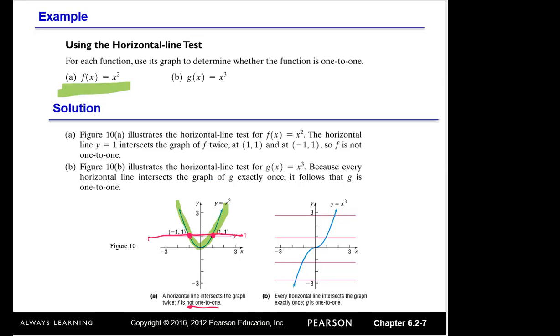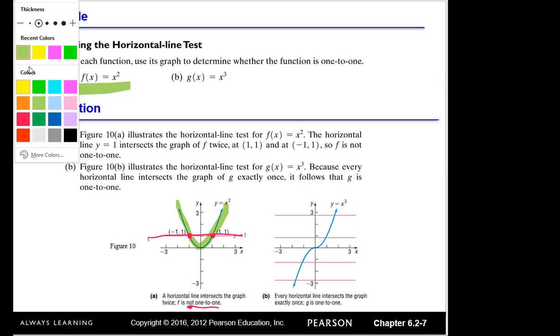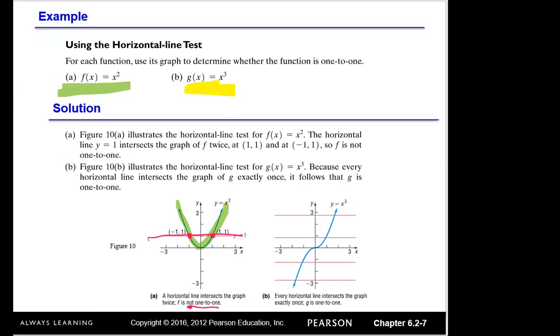And then the second one, y equals x cubed, looks like this. They drew a whole bunch of horizontal lines just to check in various areas. None of these cross it more than once. So this is 1 to 1. So just 2 quick examples on the horizontal line test. All right, so that's basically 1 to 1 functions. Short, sweet, to the point.